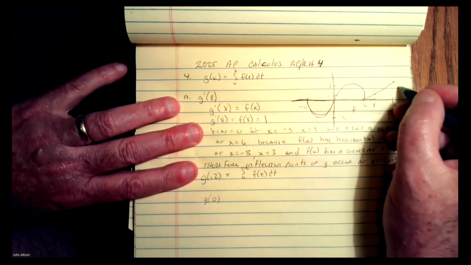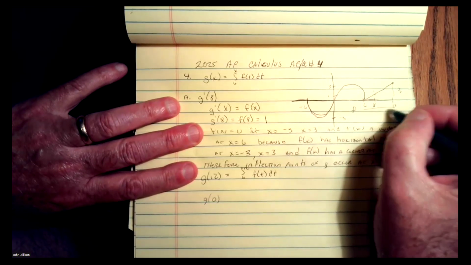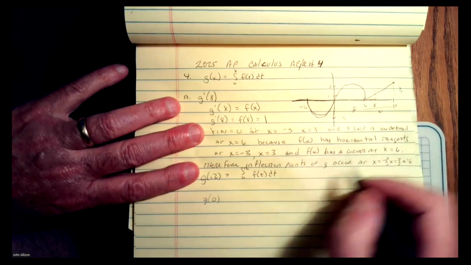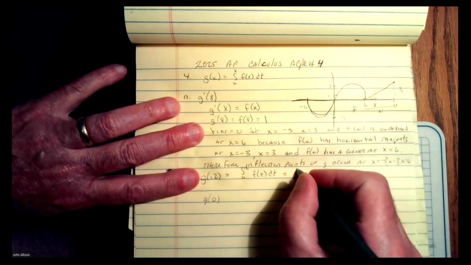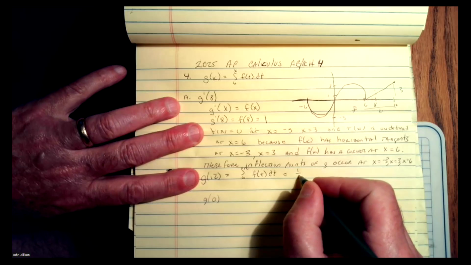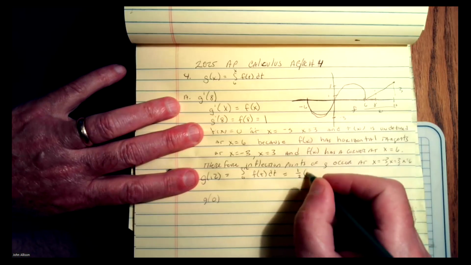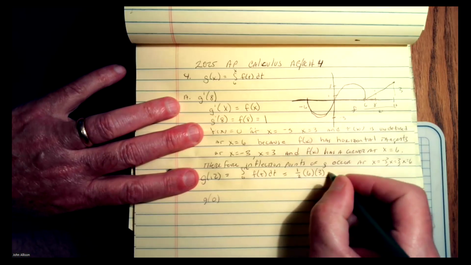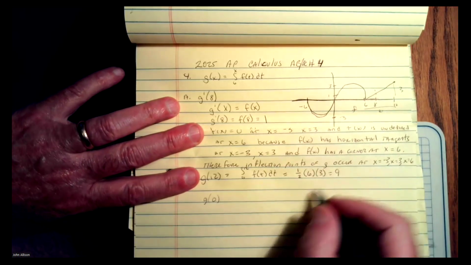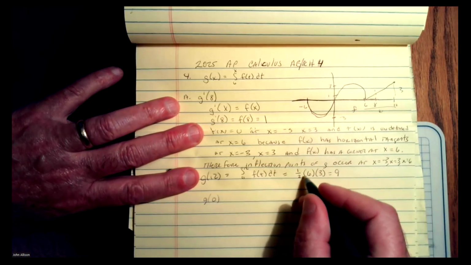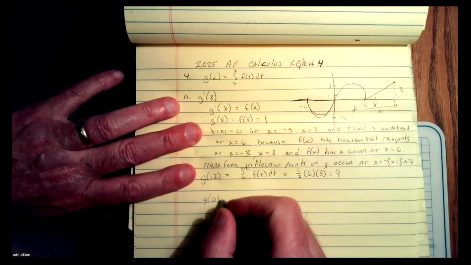From 6 to 12, remember this height's 3, this width's 6, so that's going to equal the area under that curve, which is 1/2 times 6 times 3. We didn't have to put that, but 1/2 times 6 is 3, and 3 times 3 is 9.